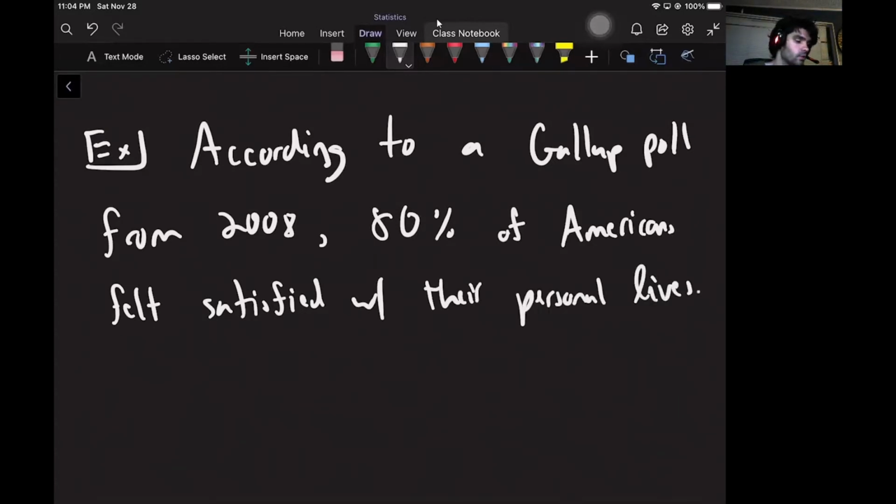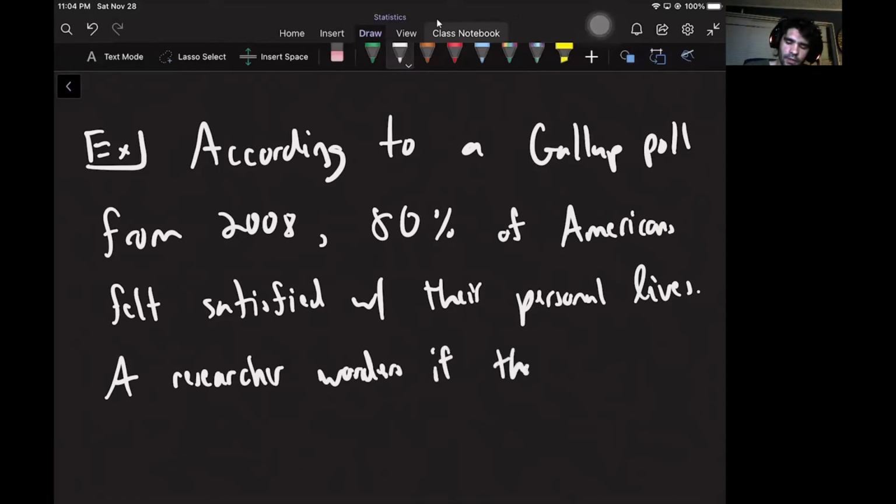And now you, the researcher, if you want to imagine that you are this researcher, a researcher wonders if that has changed today.